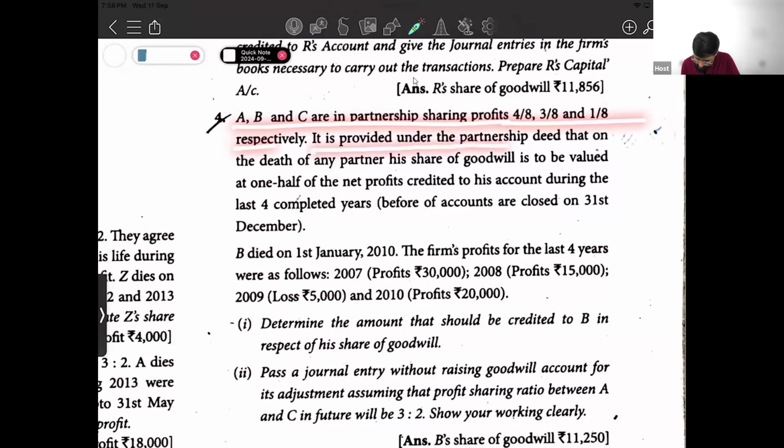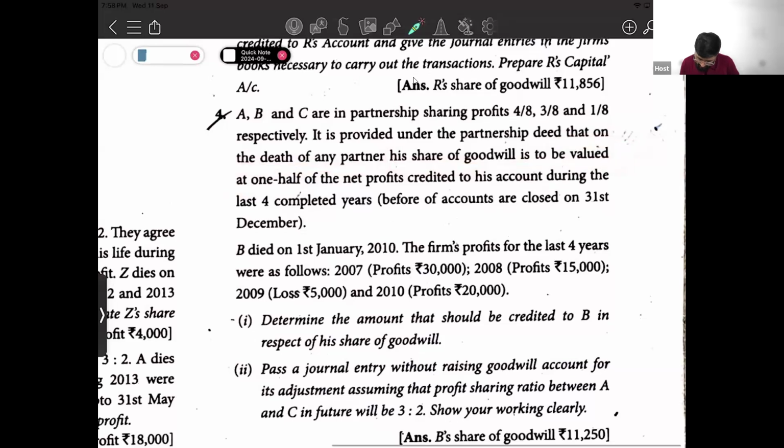It is provided under the partnership deed, which is a very superior document, the written document which regulates the partnership firm, that on the death of any partner, his share of goodwill is to be valued at his share of goodwill.